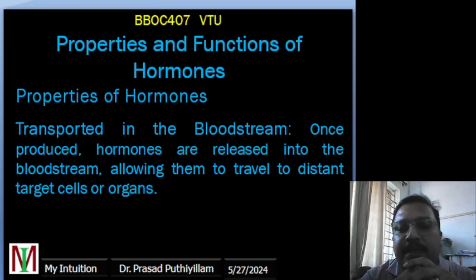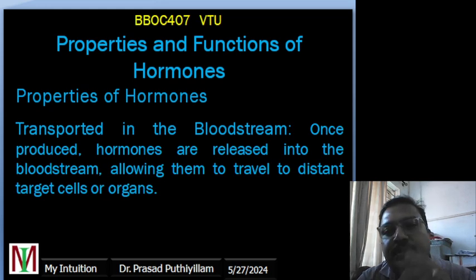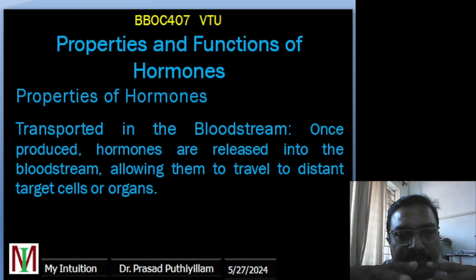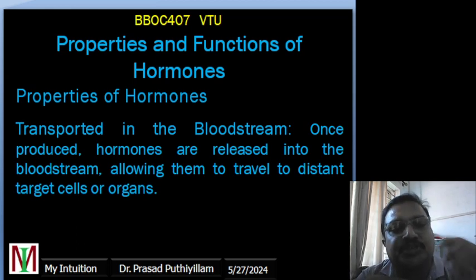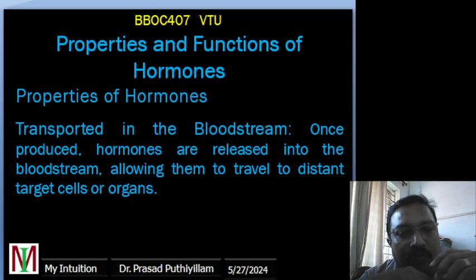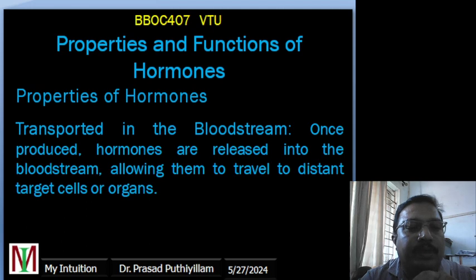It is like a network which carries hormones through the body, which allows them to reach their target cells or organs where they have to reach. For example, estrogen, which is produced by the ovaries, will travel through the bloodstream to target tissues like the uterus, breast, or even the bones. That is about transport in the bloodstream.